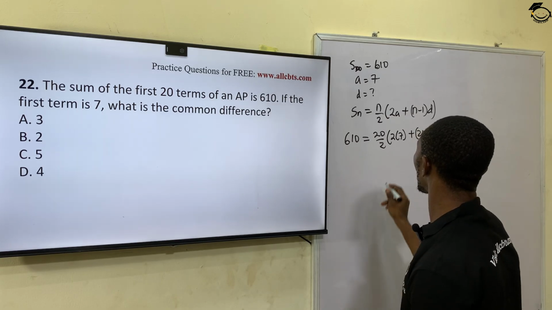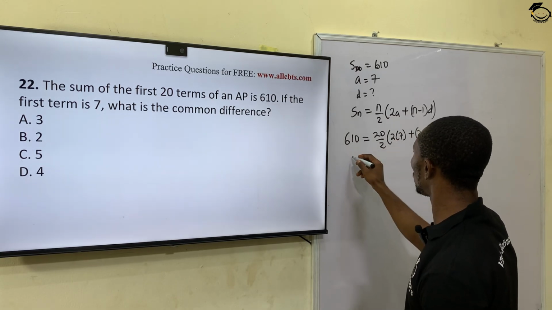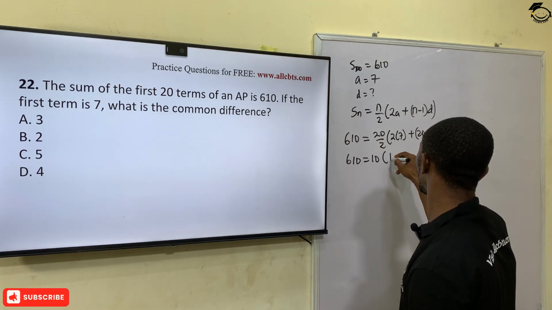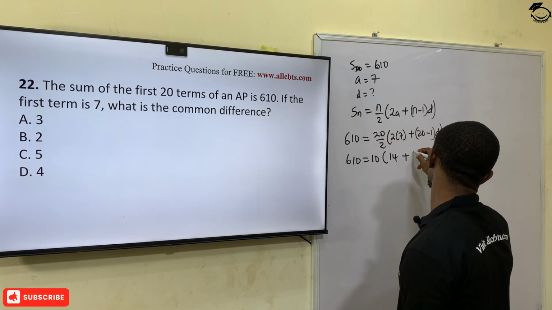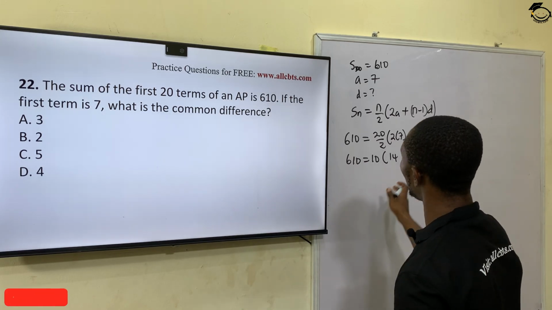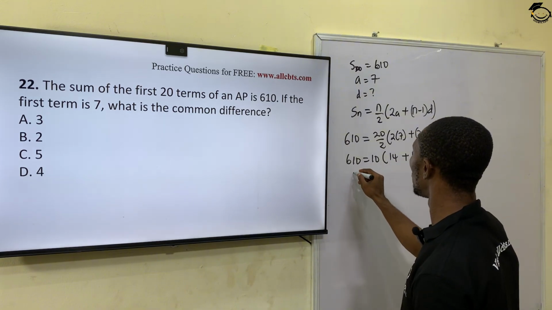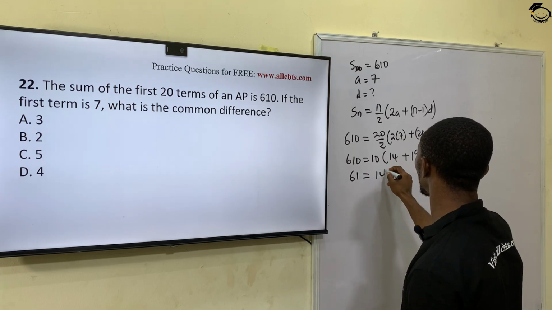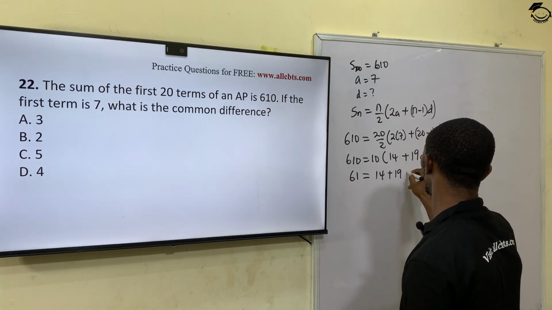Okay. So cross multiplying or dividing through, 610 equals 10 brackets 14 plus 19d. Now dividing both sides by 10, we have 61 equals 14 plus 19d.